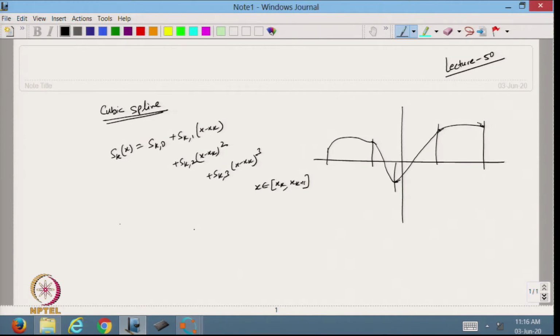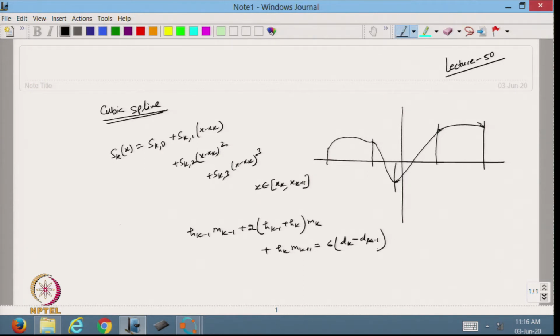That system is represented by h(k minus 1) m(k minus 1) plus 2 times (h(k minus 1) plus hk) mk plus hk m(k plus 1), which is equal to 6 times (dk minus d(k minus 1)).